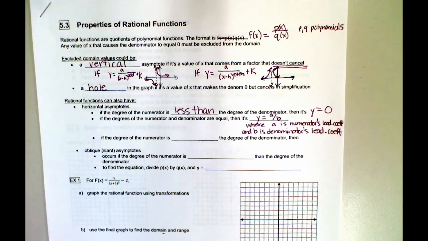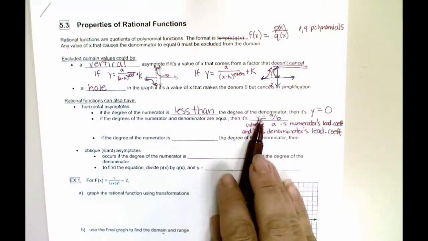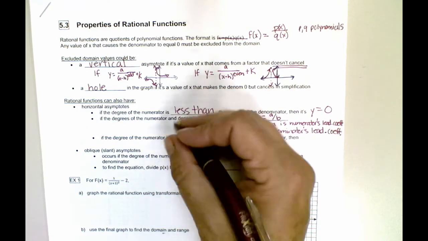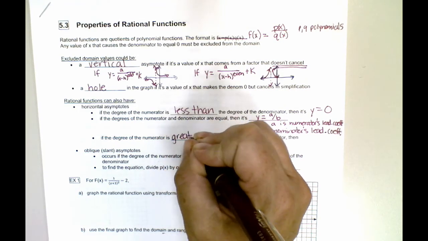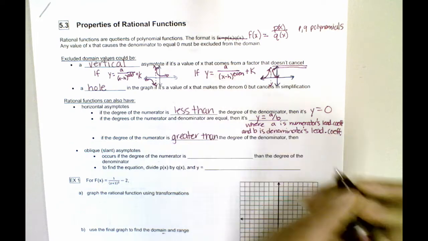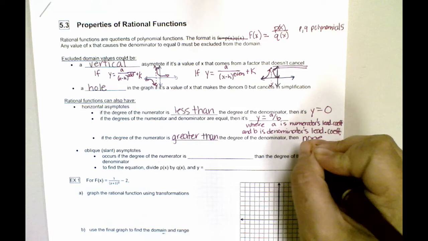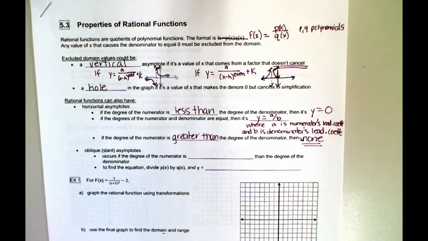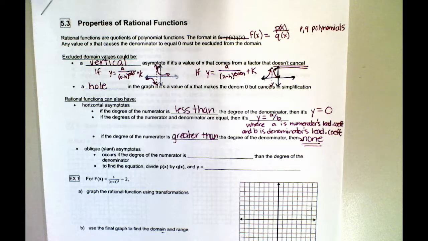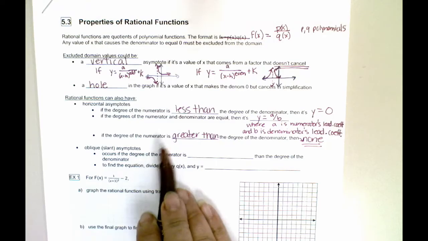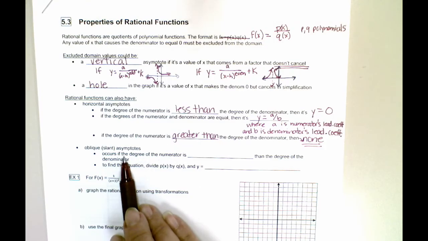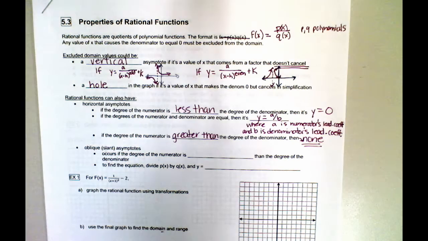So that's 2 of the 3 possible situations. Less than, equal to, so this one by default has to be greater than. If the degree of the numerator is greater than the degree of the denominator, then there are no horizontal asymptotes. If there is no horizontal asymptote, that is when we investigate for oblique or slant asymptotes.